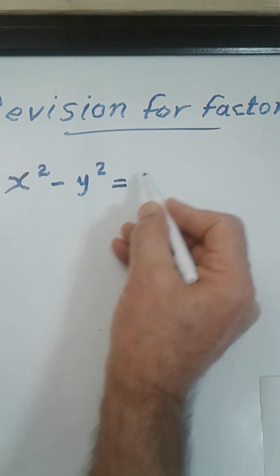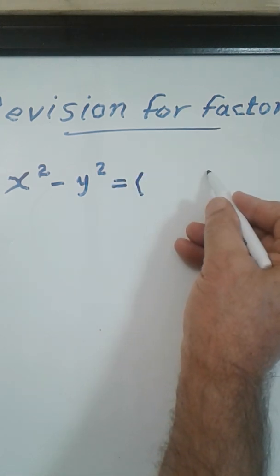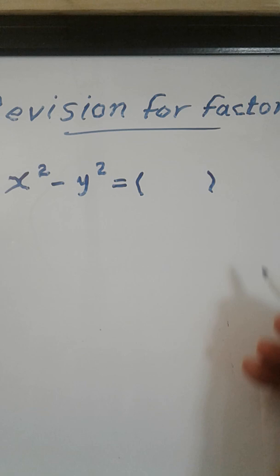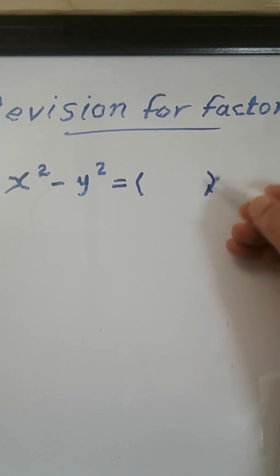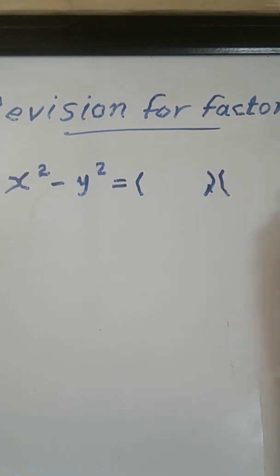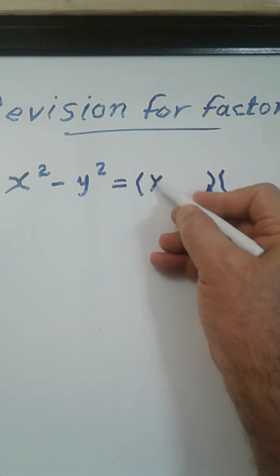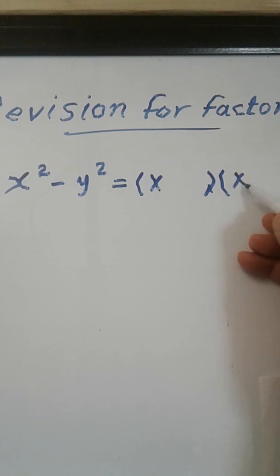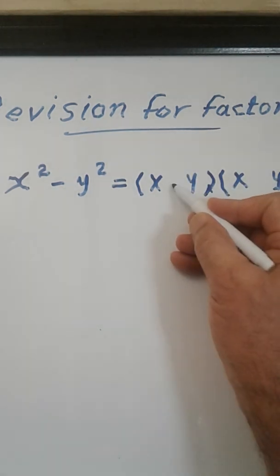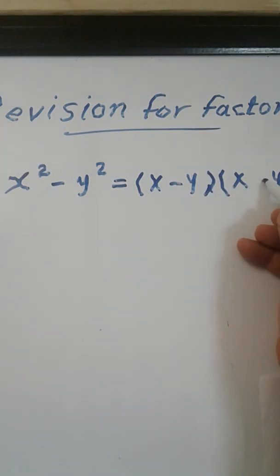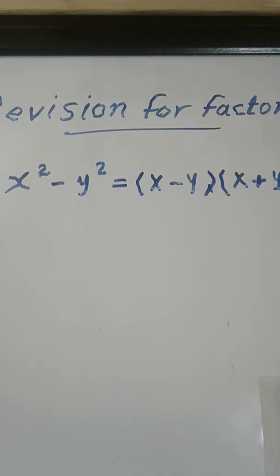And the rule says this will be factored as factor times factor: x and y, with minus and plus. This is the rule. Let us take an example on this.